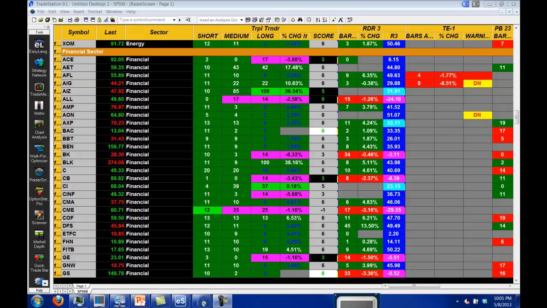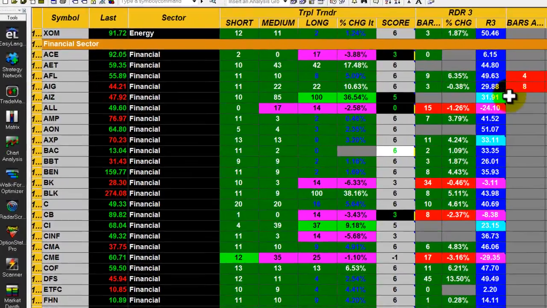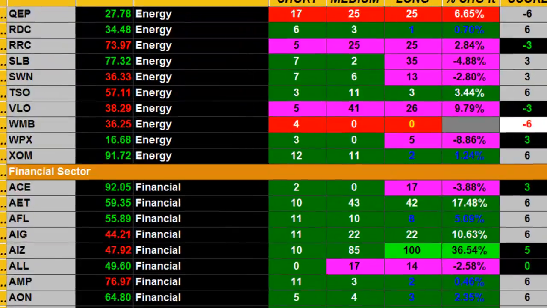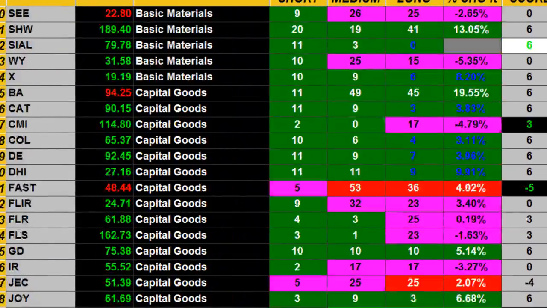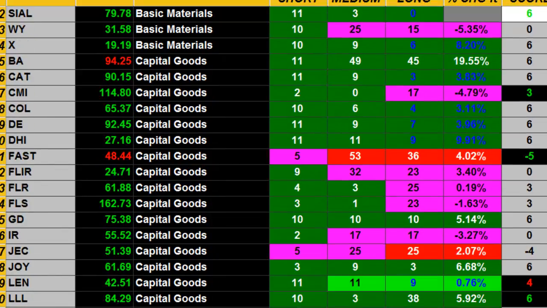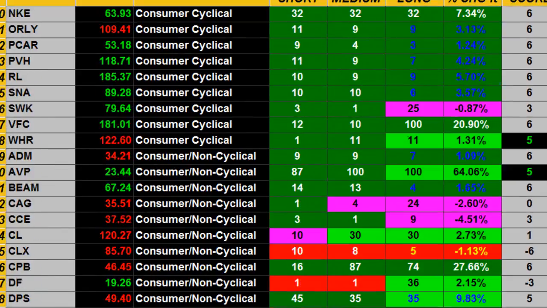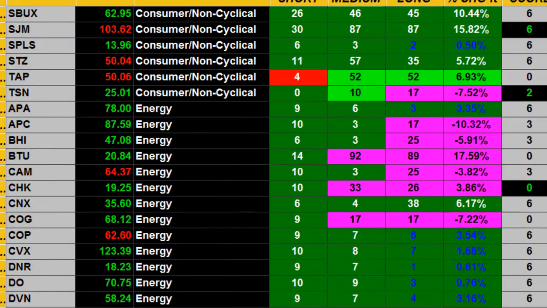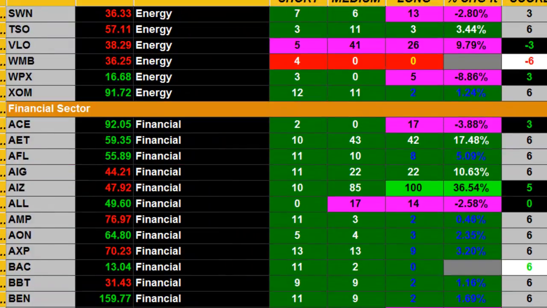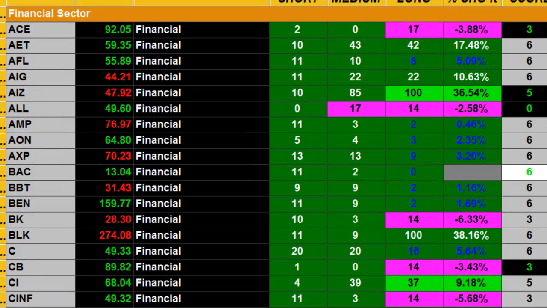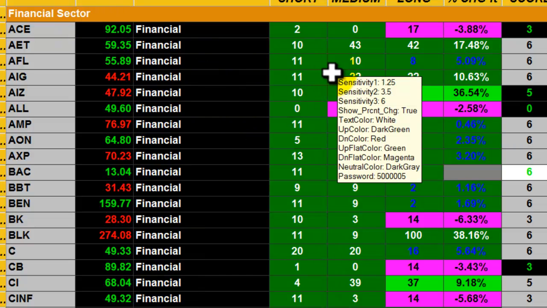So let's take a look at how we can use this theory in practice. I have here applied to a spreadsheet the S&P, all the symbols of the S&P 500, and I have them sorted by sector, as you can see, and we have decided that the financial sector is a likely strong sector for the near term. So I've separated the financial sector from the rest of the market, and let's say I'm looking for a trend trade, a confirmation of a trend.